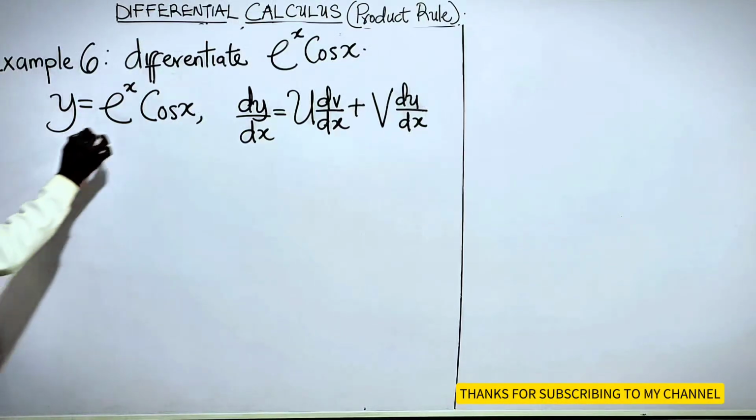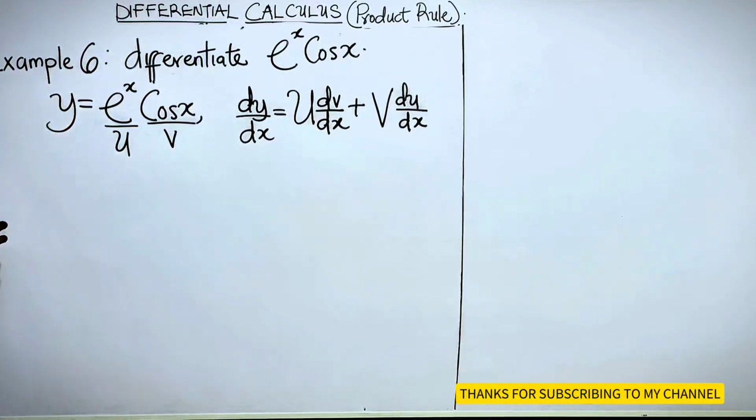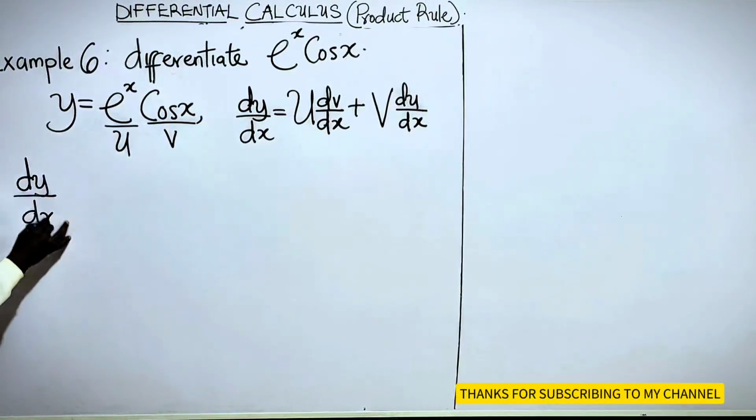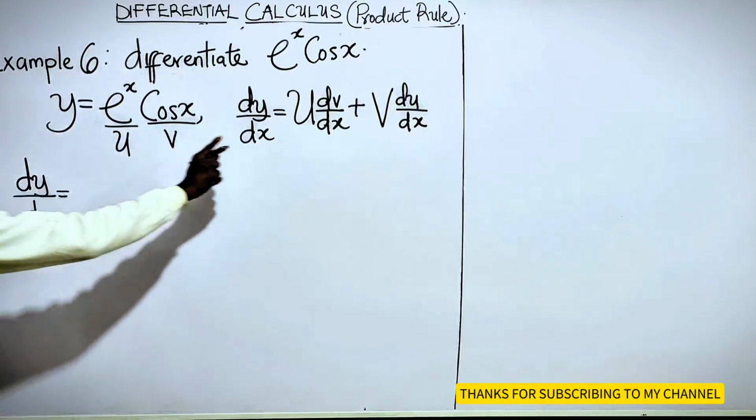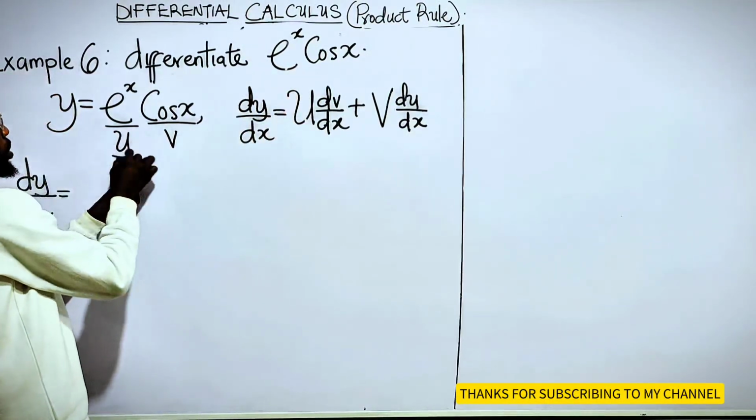So next, to substitute. Here we have this guy as our u and this guy as our v. Right? So for that we have dy over dx as what? This is the value of u, which is e raised to the power x.